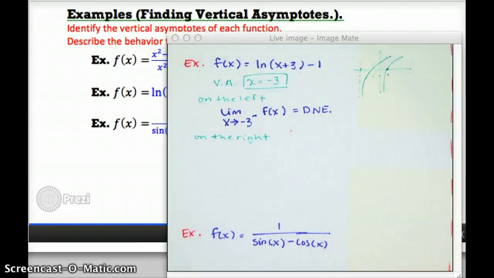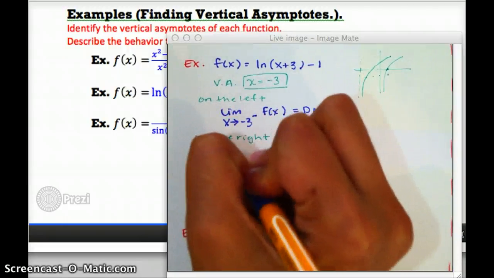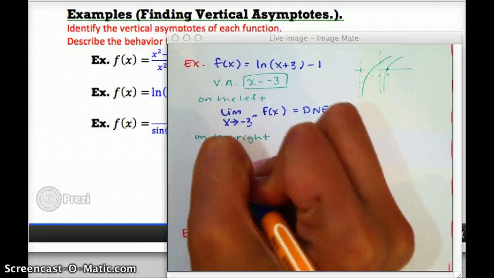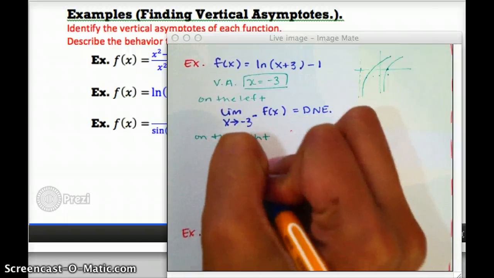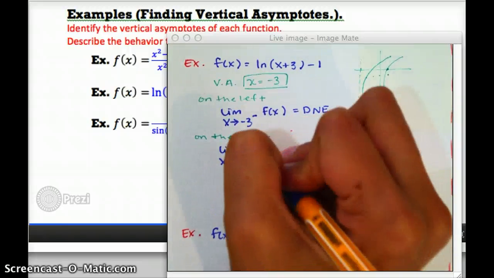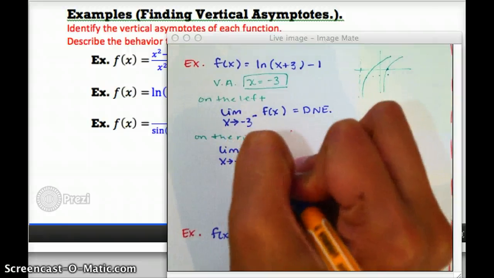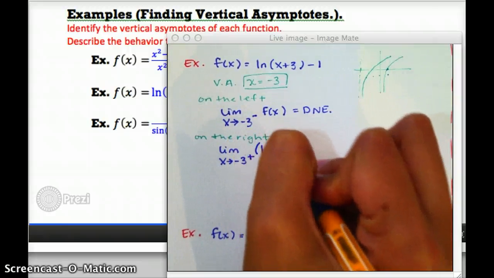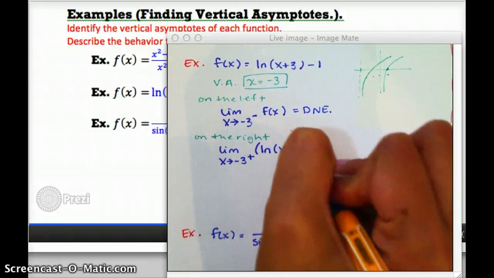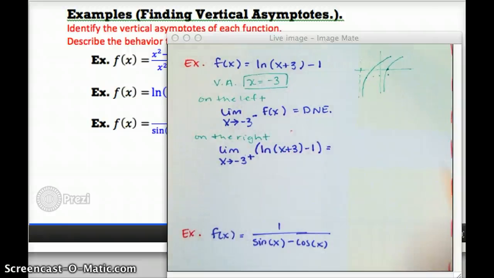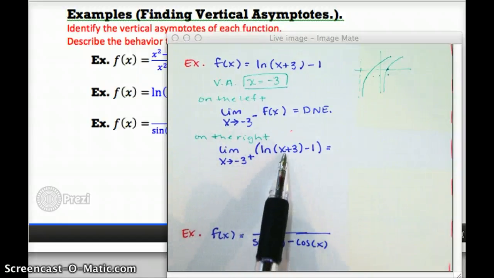So I set up my right-hand limit, the limit as x approaches -3 from the right, and this time I'm actually going to write the limit in. It's the natural logarithm of x plus 3 minus 1. And we can evaluate this. The first thing you should notice is we can't plug in -3 because the natural logarithm is undefined.